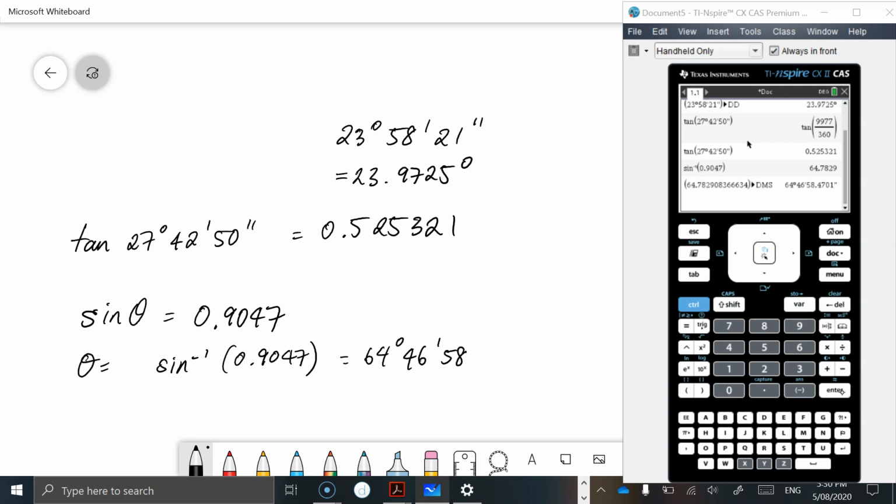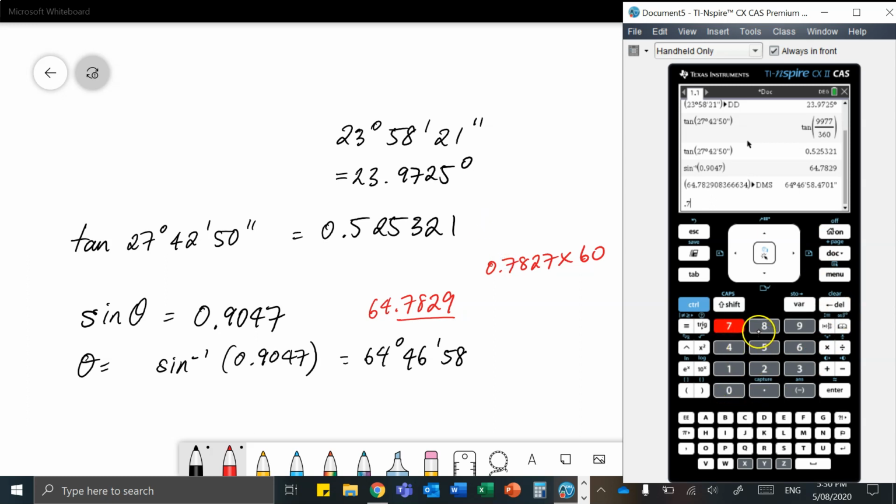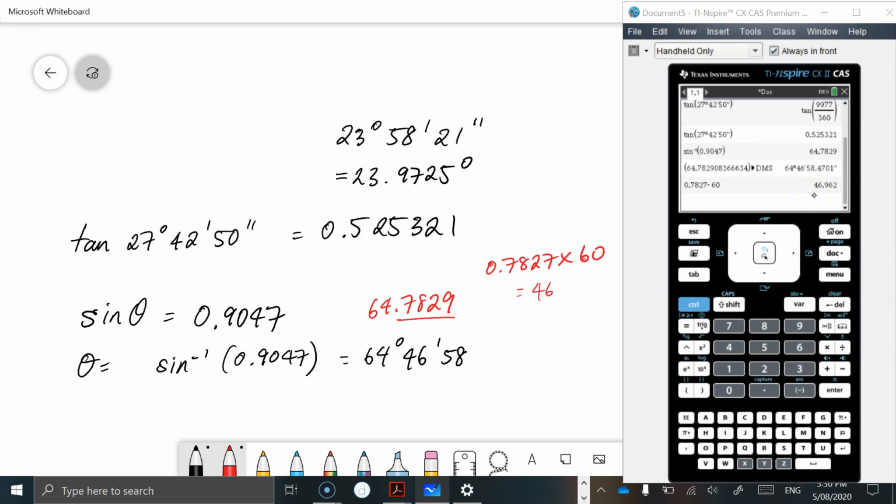If you want to do it the manual way, then it's 64.7829. So we want 0.7829 times 60, which gives us our 46 minutes and 0.962. Then we multiply that 0.962 by 60 to get our seconds.